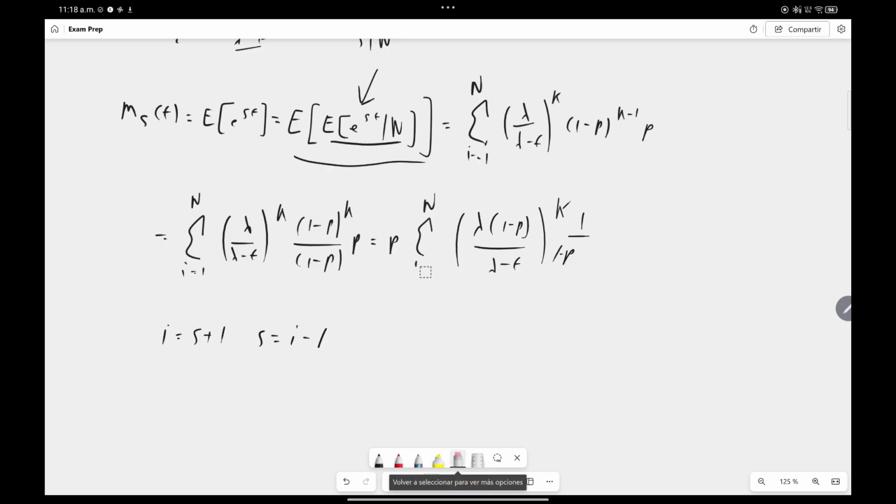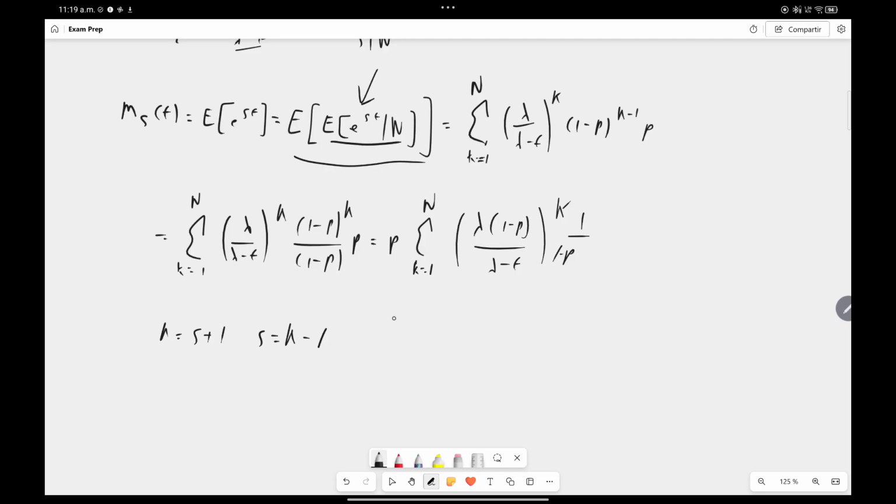We're doing k. Oh my gosh, wrong subscript here. k equals 1. And then we'll change this to k.